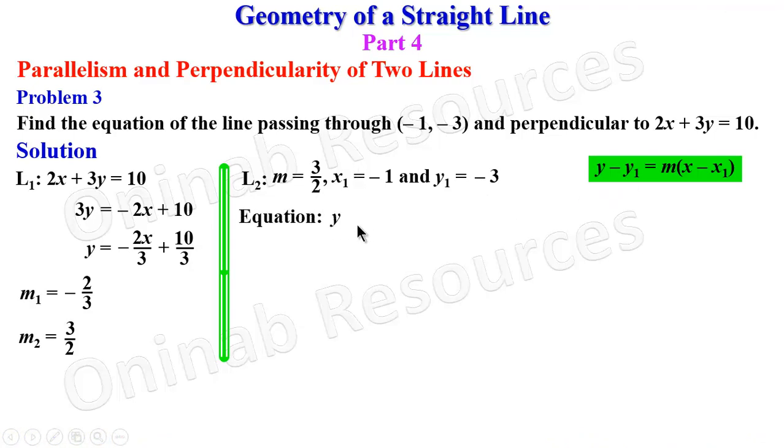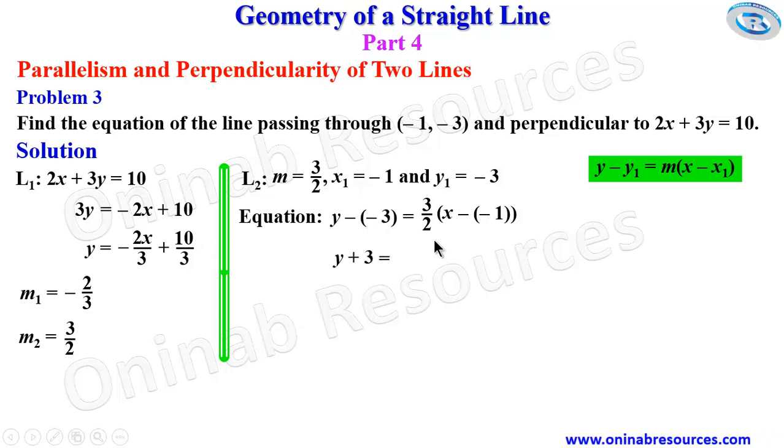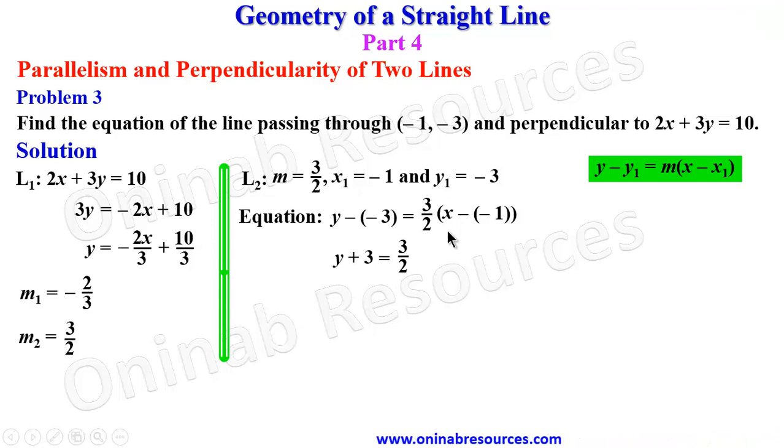So y minus negative 3 is equal to m, which is 3 over 2 into x minus negative 1. So expanding this bracket, minus minus gives plus, so we have y plus 3 is equal to 3 over 2 into x plus 1.